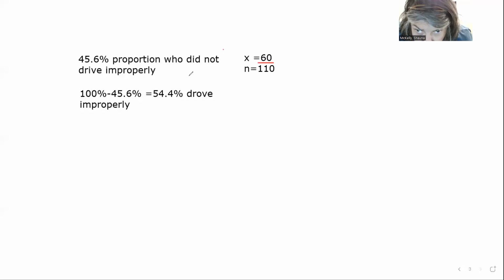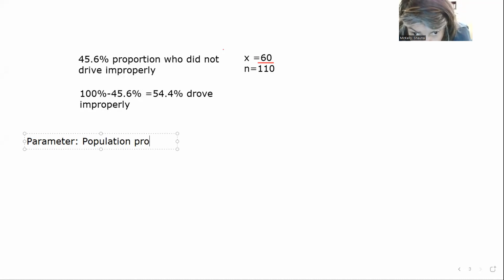When you set this up, you're going to say the parameter, as we discussed earlier, is the population proportion P. This is not P hat, remember. This is P because it's the population. So population proportion P, okay?